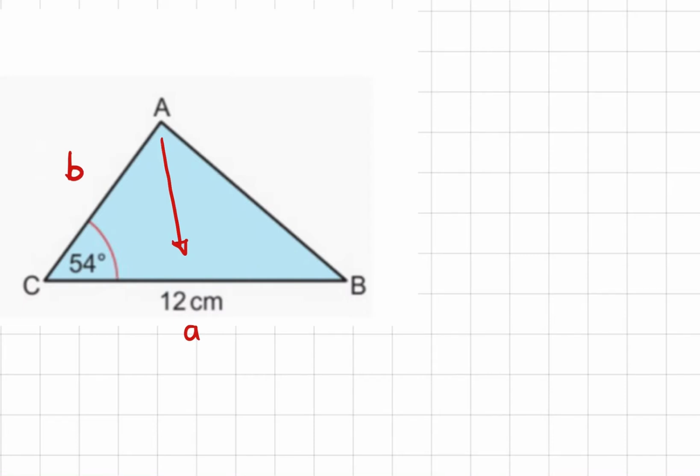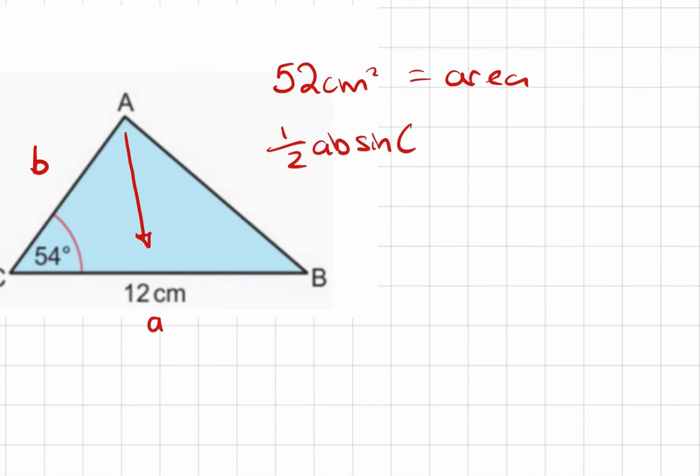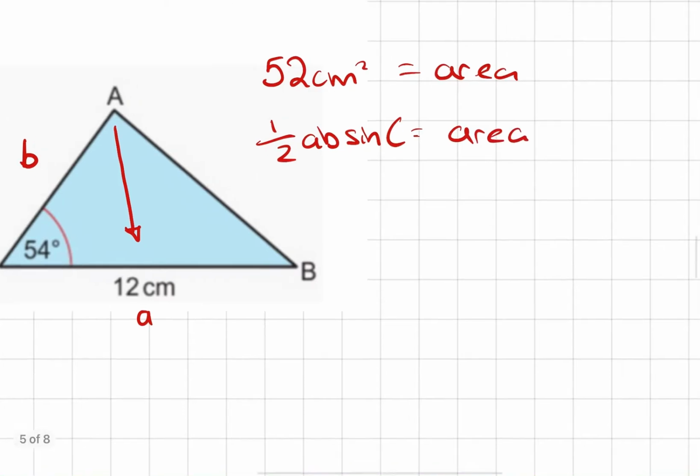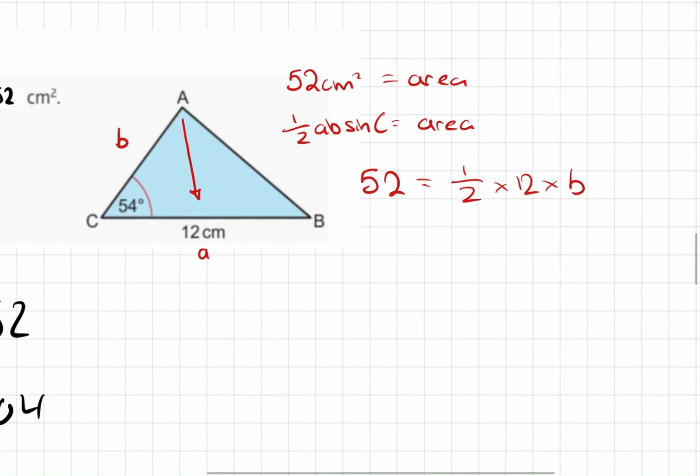So we know that 52 centimeters squared is our area. Therefore, 52 equals half multiplied by 12 multiplied by B multiplied by sine 54. So I've already rewritten it.